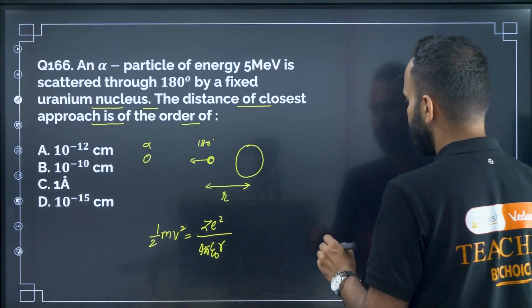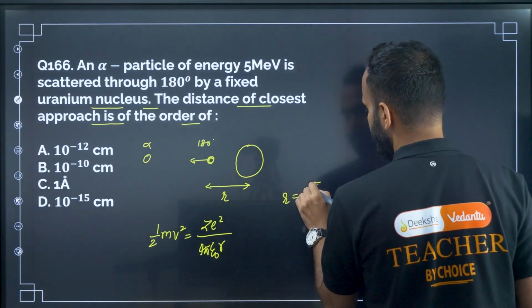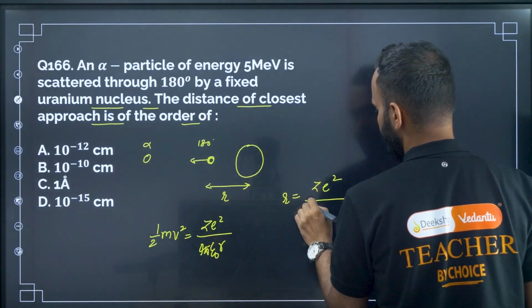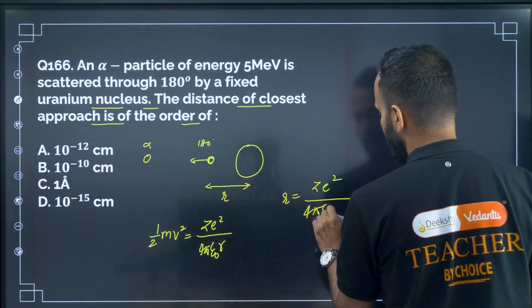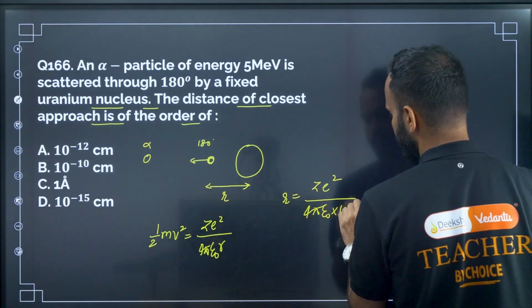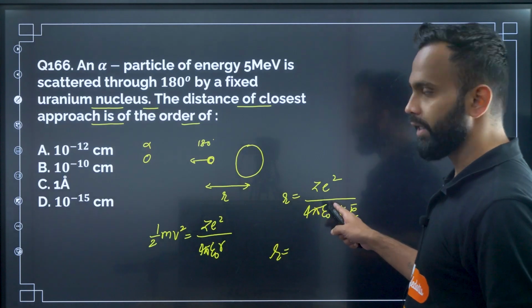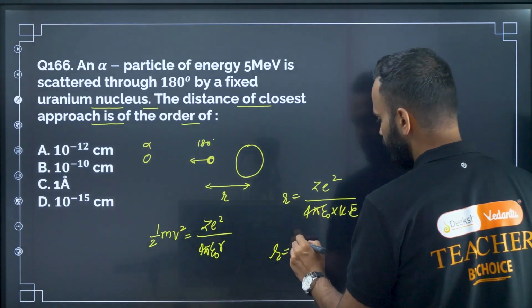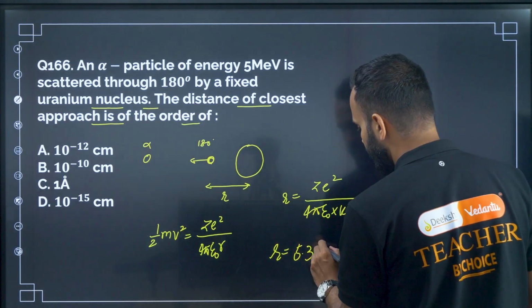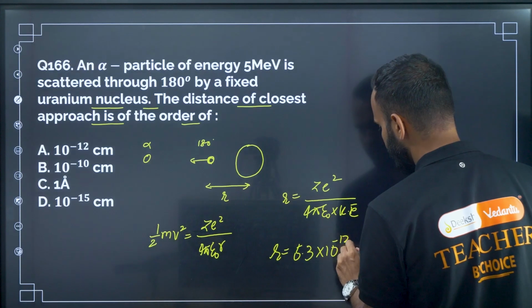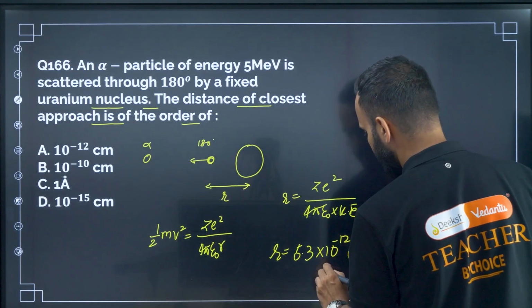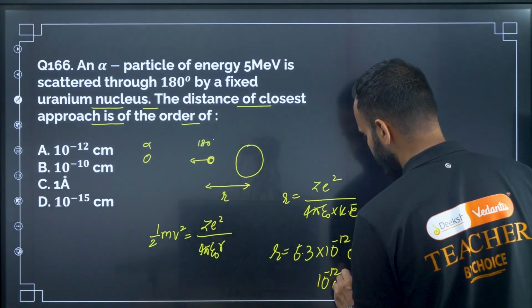We need to find the value of r. R equal to Z into E square divided by 4 pi epsilon naught into kinetic energy. Now substitute the values, you will get r equal to 5.3 into 10 to the power minus 12 centimeter. So it's of the order of 10 to the power minus 12 centimeter.